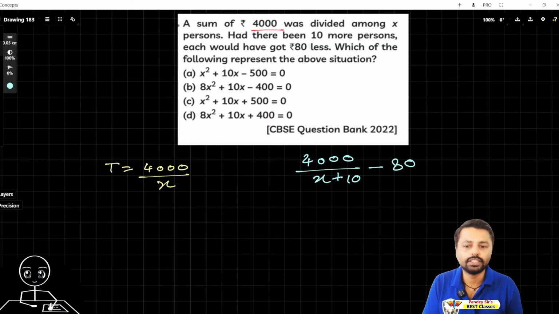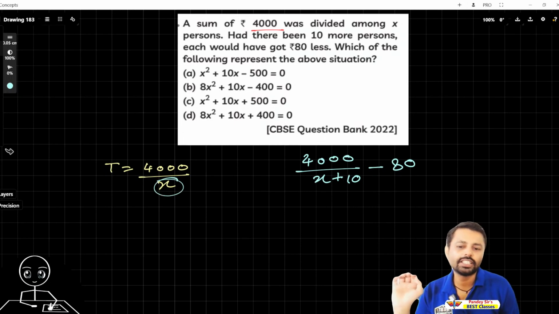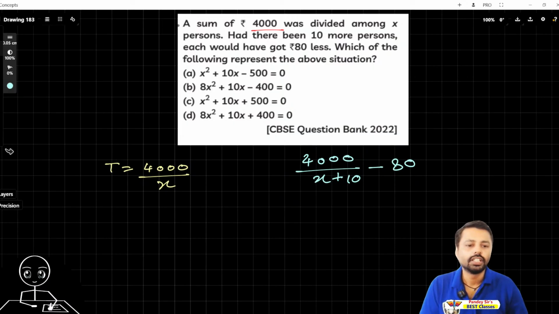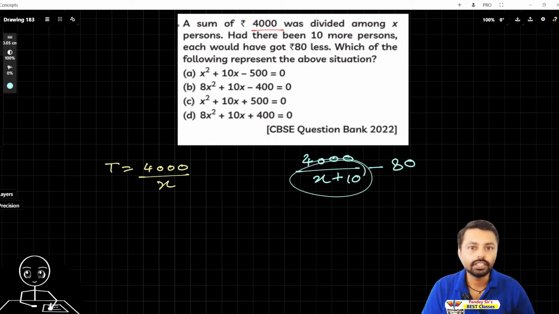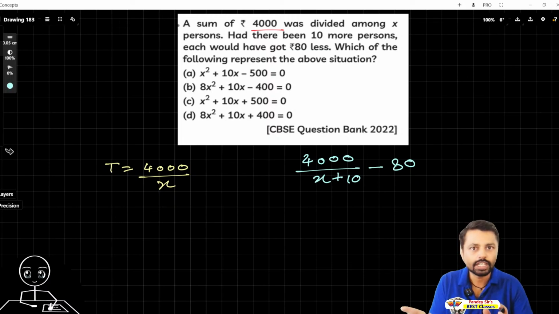Now what do you mean by this? Let's say 4000 rupees are there, and let's say 10 people are there. So each one will get 400, isn't it? Now they said if 10 people extra were there, then they will get 80 less. Understood now? In our example, they were getting 400 originally.